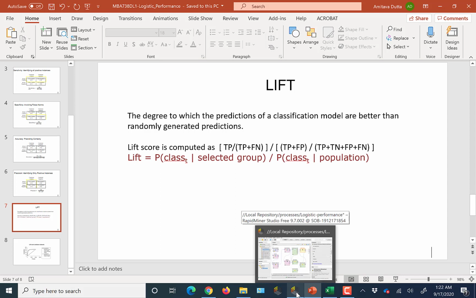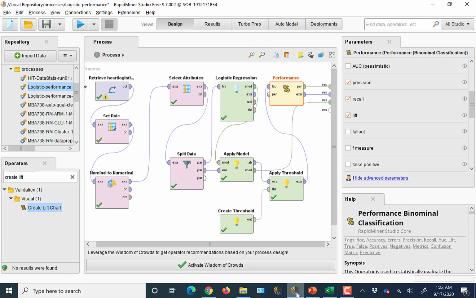So here we are, and this is the same process model for identifying coronary heart disease patients. This is the same model that was used in the previous two tutorials on logistic regression, so I won't repeat the model. All I will do is run it and then analyze the performance results from the model.